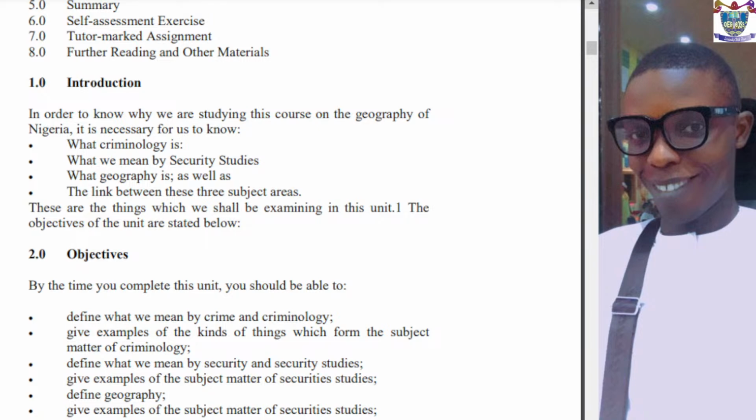The three subject areas here are criminology, security studies, and of course, geography. So we're looking at the link between these three subject areas, and these are the things which are contained in this section of the course material.